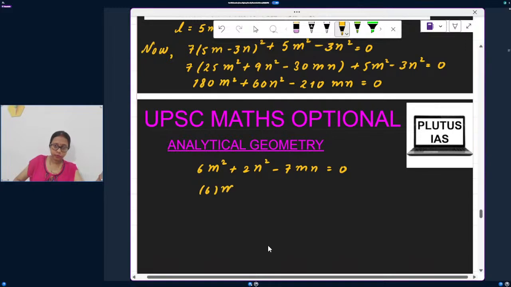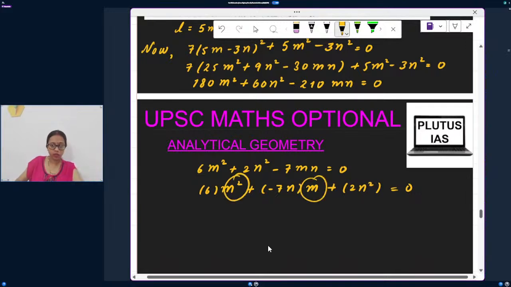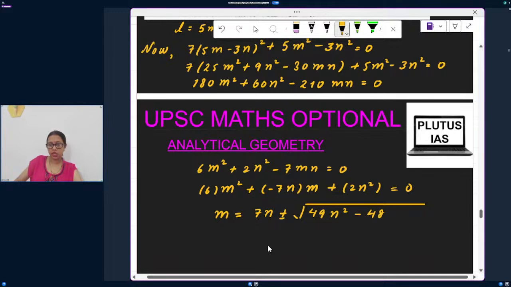Coefficient of m square, coefficient of m, and the constant, because I'm considering m as the variable here, n as a constant. So apply the quadratic formula. m is equal to minus b plus minus square root of b square minus 4ac, which is 48 n square, divided by 12.